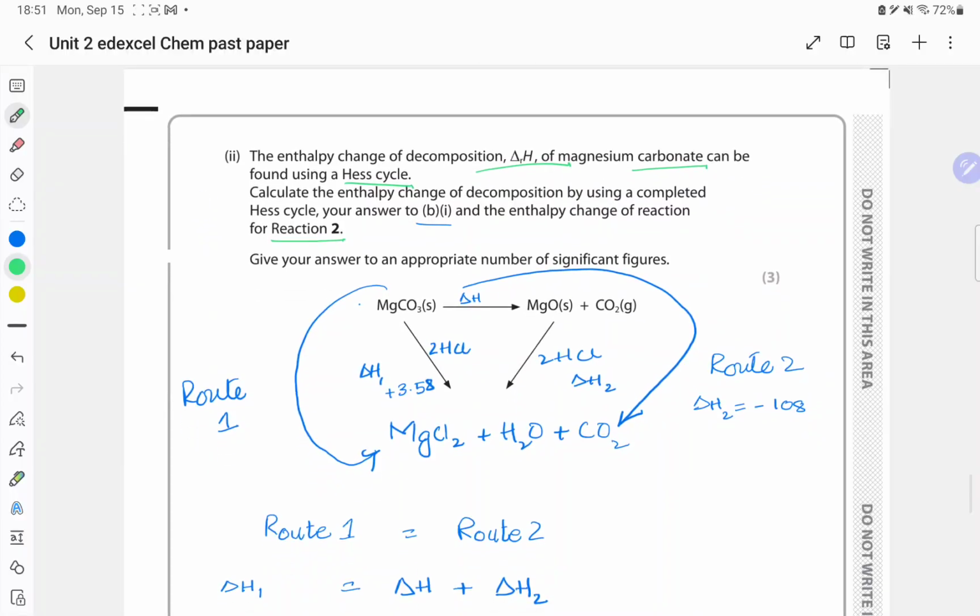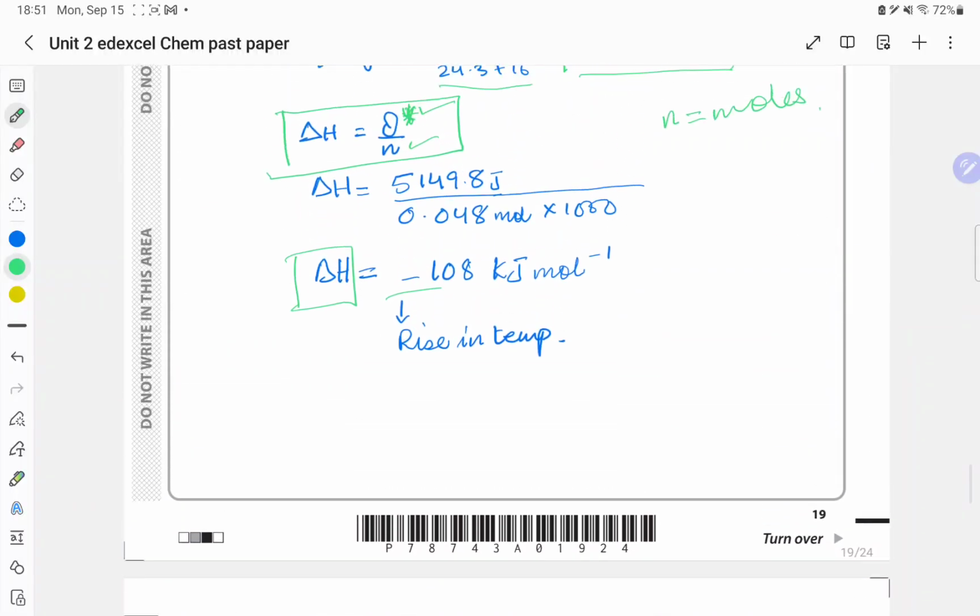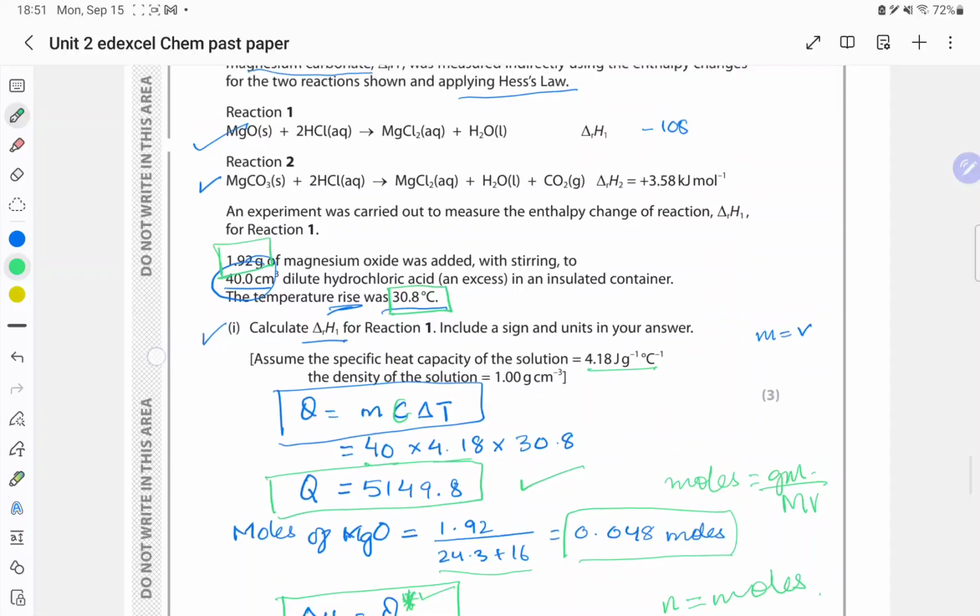By completing this Hess cycle, the decomposition happening means the breaking down of this magnesium carbonate into magnesium oxide and carbon dioxide. By placing the value of reaction 2, let's see what reaction 2 is.